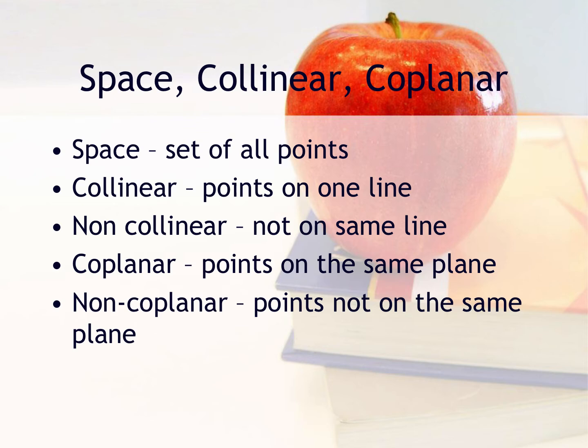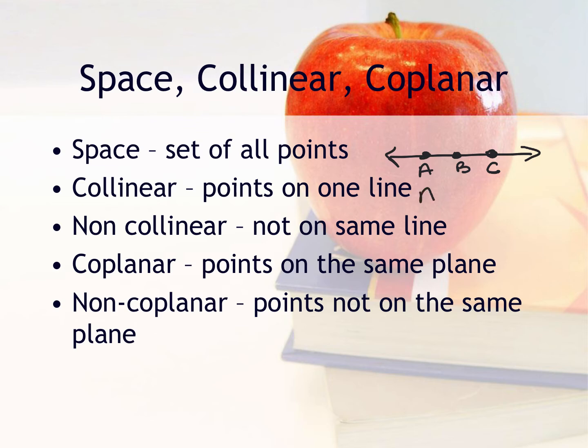And the next one is defining space, collinear, and coplanar. So space is the set of all points. Collinear means points that are all on one line. So for example, if I were to draw a line, and if I put points on it, A, B, and C, when all the points are on the same line, they're said to be collinear.